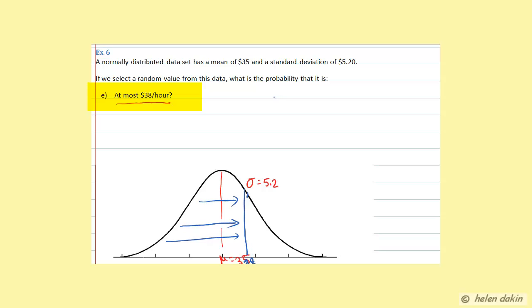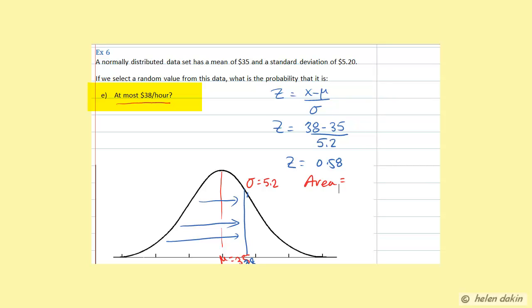So again, we're going to start off with a z value, and the z value is x minus the mean over the standard deviation. Our z value will be $38 minus the mean of $35 divided by the standard deviation of 5.2. This works out to a z value of positive 0.58. And so now what we need to do is go to our normal distribution tables and get an area that corresponds to 0.58 standard deviation.